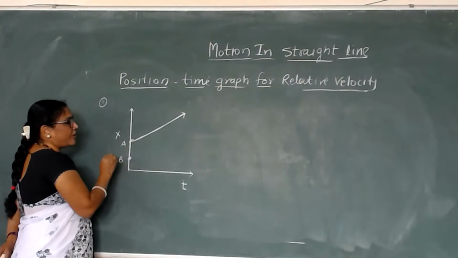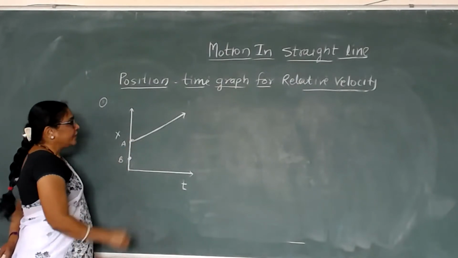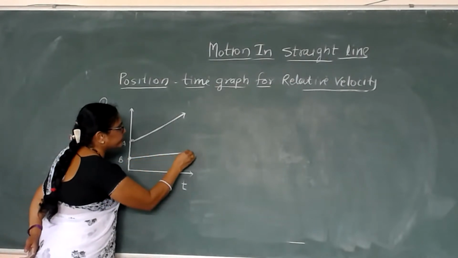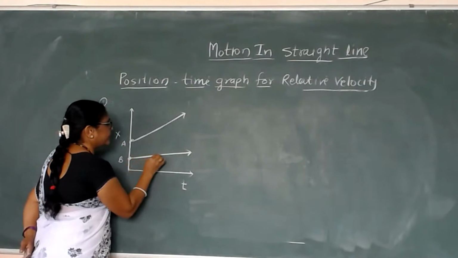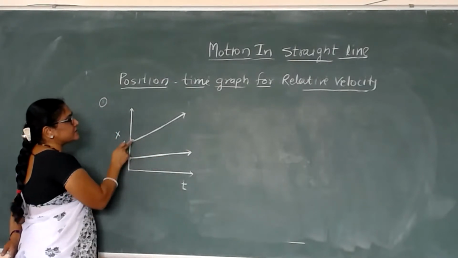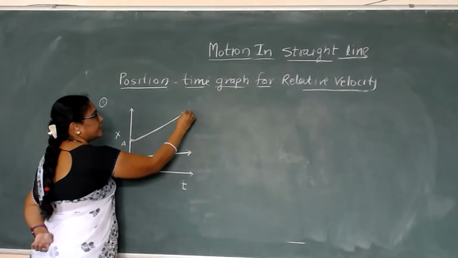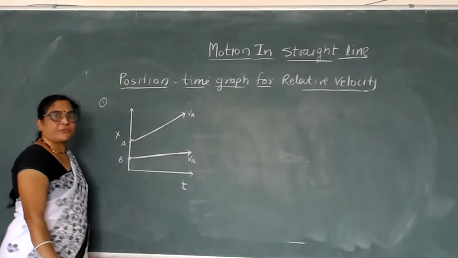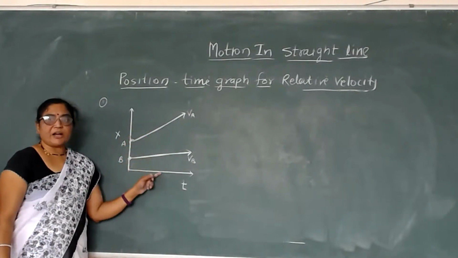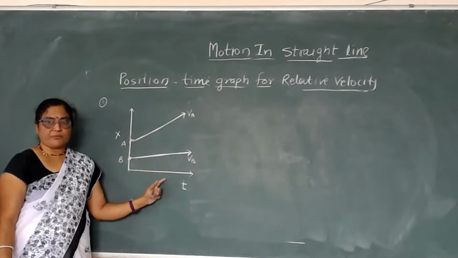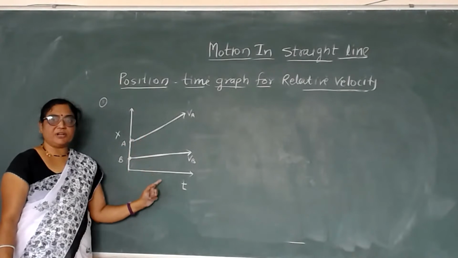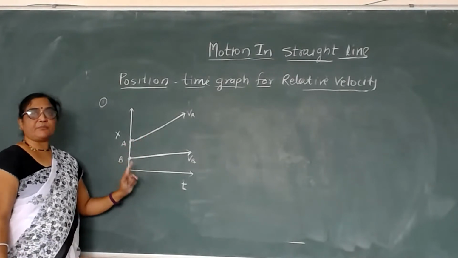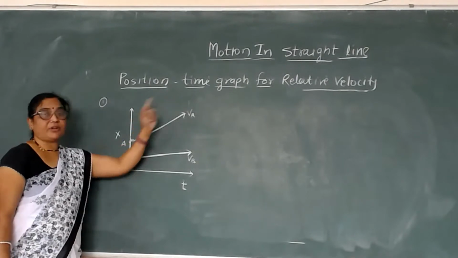And there is another object, that is B. The motion of B is in this direction. If we take the slope of this, we get the velocity. This is the velocity of A, this is the velocity of B. So here we compare the velocity between the two objects. So this is known as the position time graph for the relative velocity.